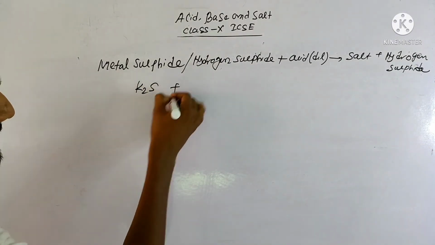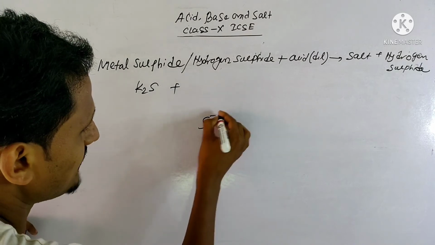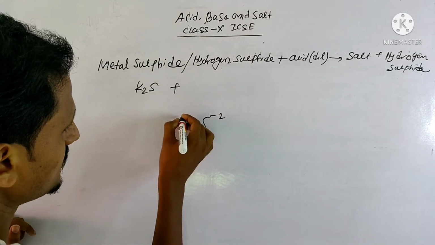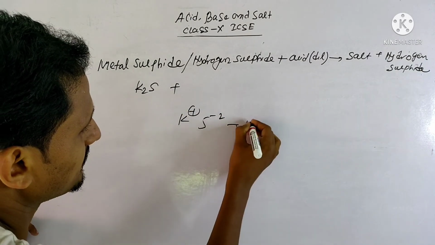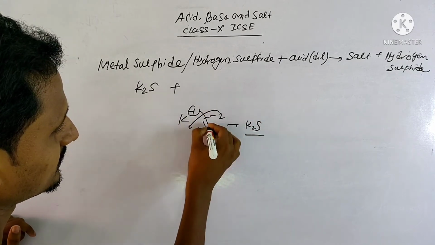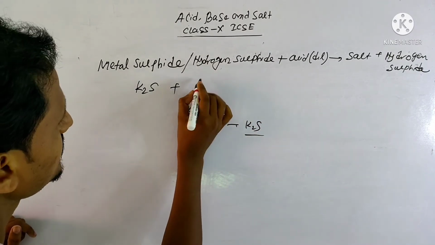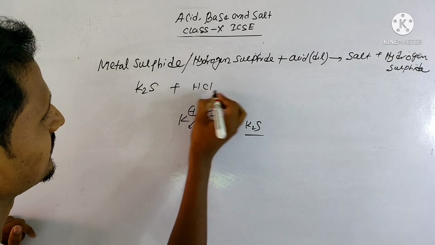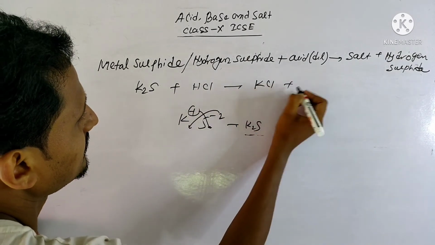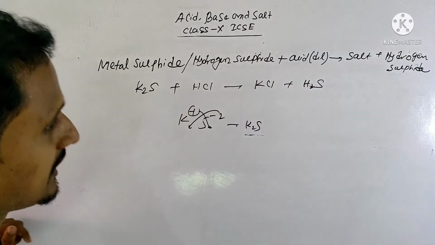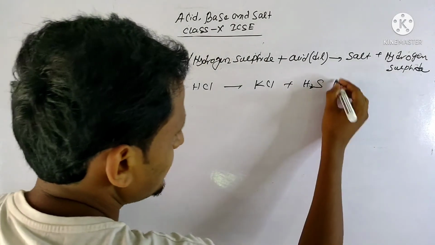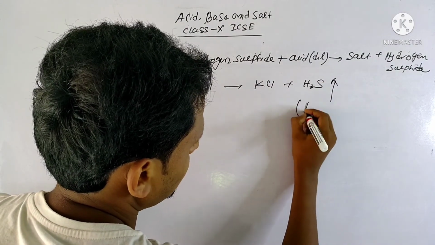Now say K2S. K2S is potassium sulfide, because sulfide is -2 and potassium is +1, so combined it will form K2S. It reacts with HCl to form KCl plus H2S. Now we know that H2S is a gas having a rotten egg smell.